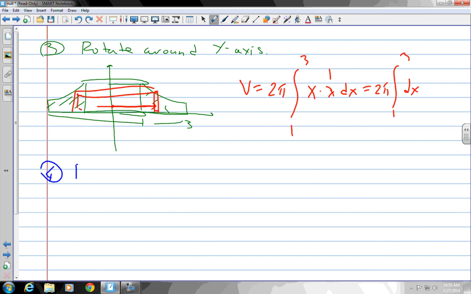How about this one? Rotate around y equals x. No, let's not do that yet. Just y equals 3.